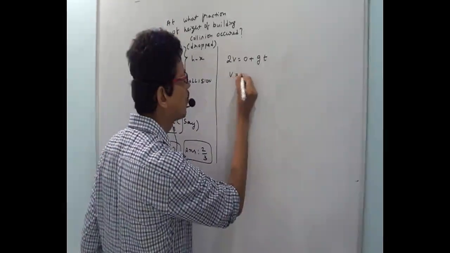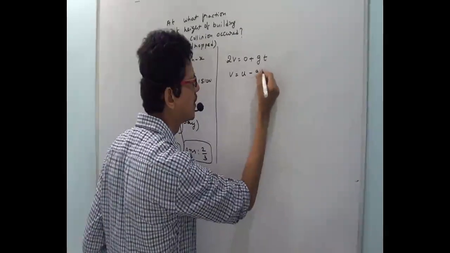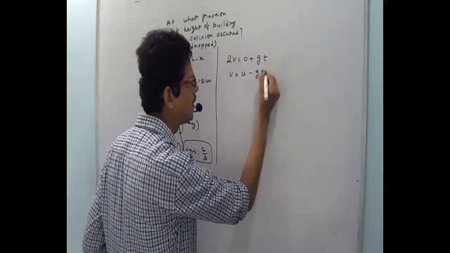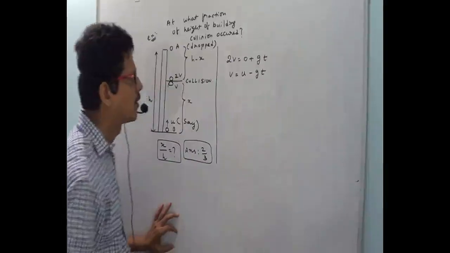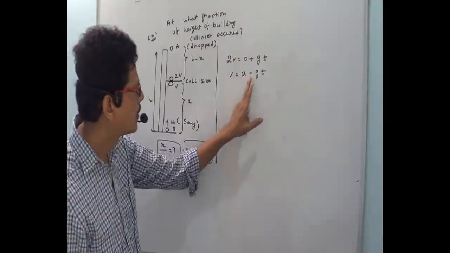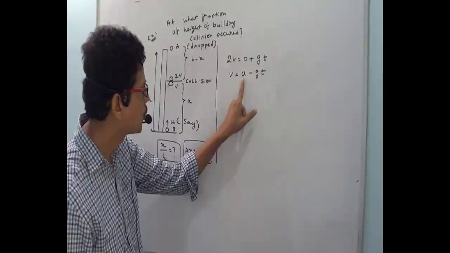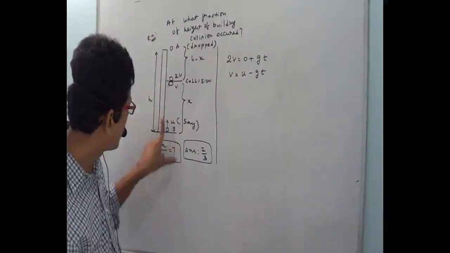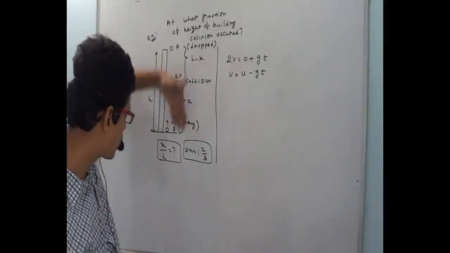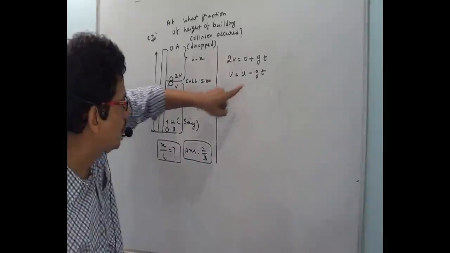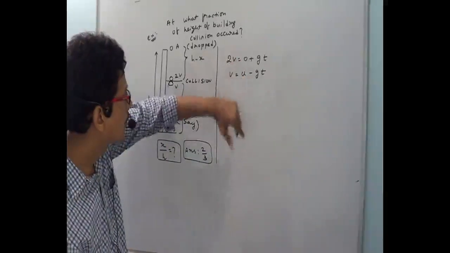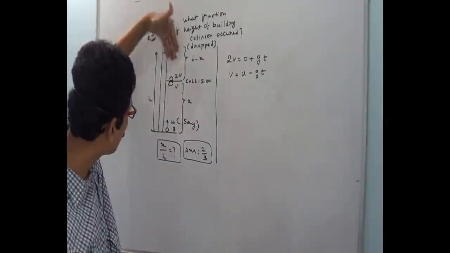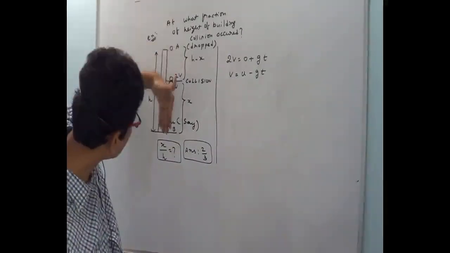And v is equal to u minus gt. Why do I have to take minus g here? Because u I have taken positive, and g is downwards, so you have to take negative. Previously, 2v I have taken positive, so g also I have to take positive.